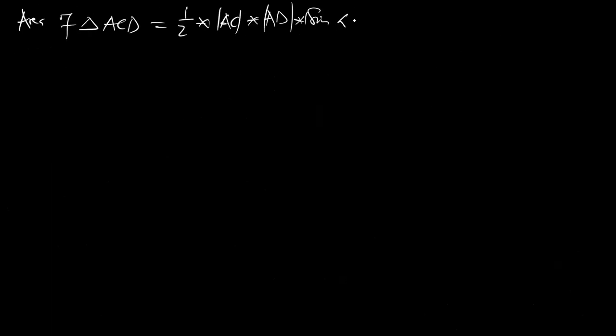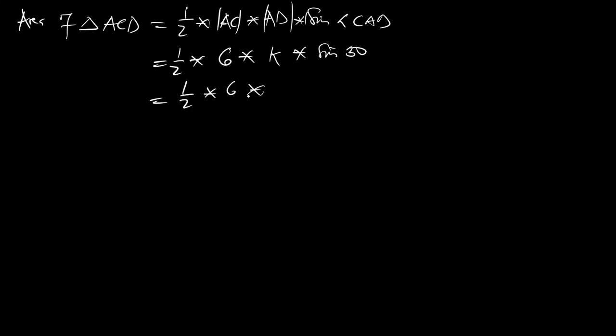So angle CAD. Now you have half times AC, which is 6, times AD, which is K, times sine 30. Now this sine 30 we got to be half.